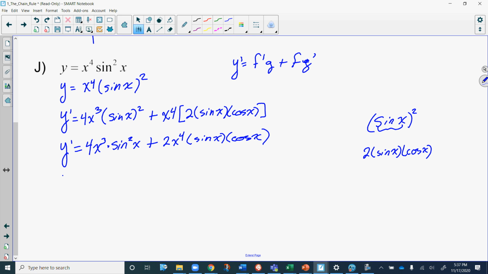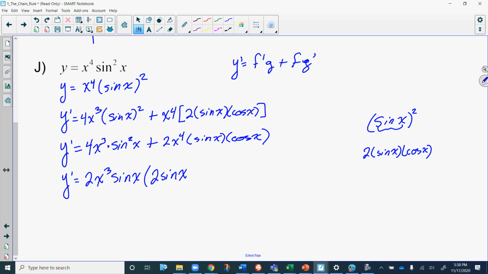But again, thinking in terms of a multiple choice question, we do have a greatest common factor of 2x cubed and sine of x. So I can factor out a 2x cubed sine of x as a greatest common factor. And if I do, the first term is going to just be 2 times the sine of x.